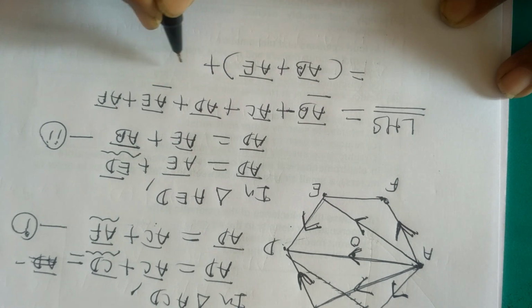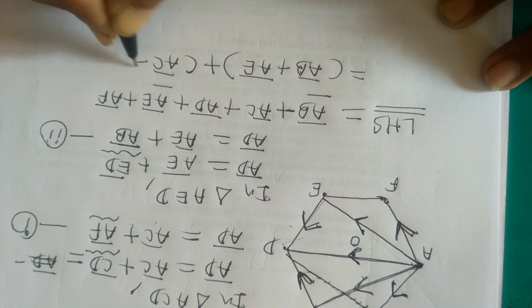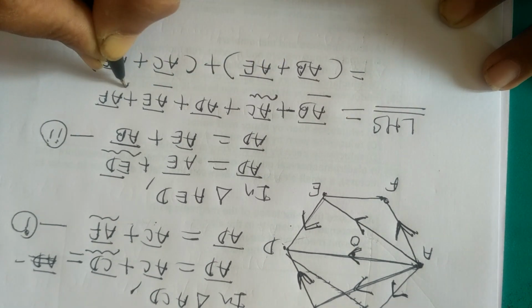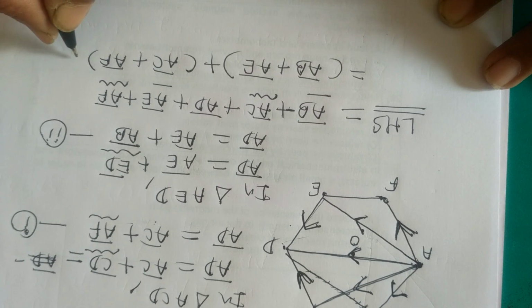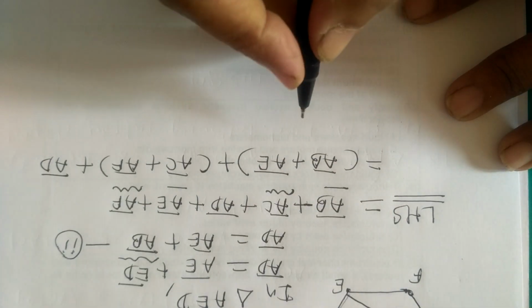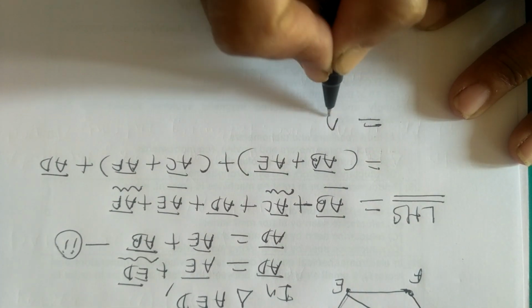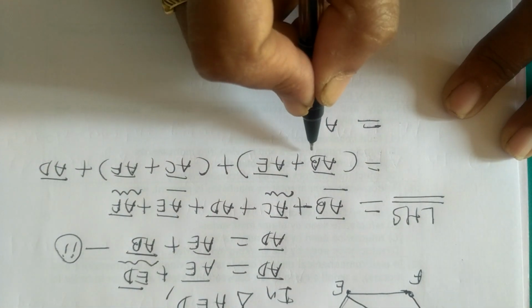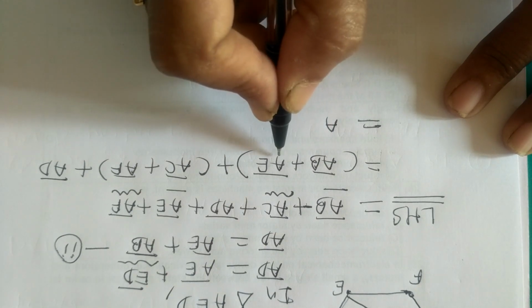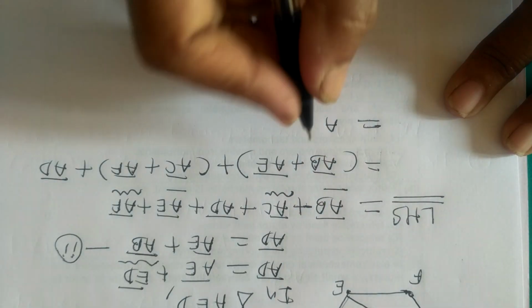Now the next vector is AC bar. It's paired with AF bar: AC bar plus AF bar. Now the remaining vector is AD bar. For the first addition, AB bar plus AE bar, you cannot take it directly, since the terminal point is B and the initial point is A, but we use this identity by using the concept of regular hexagon.